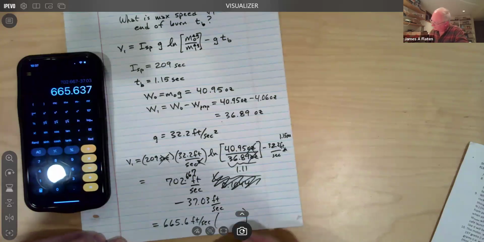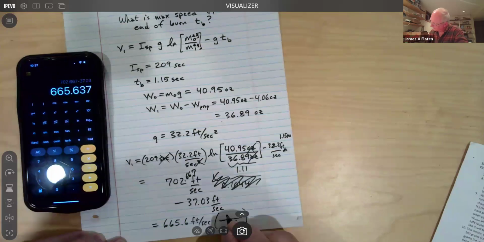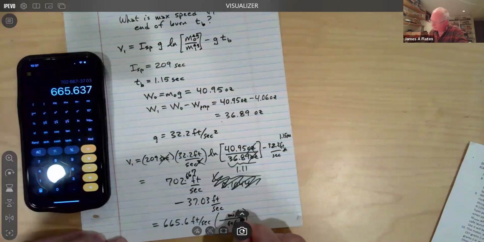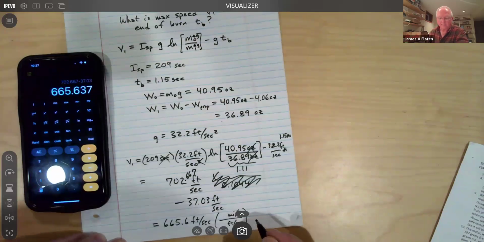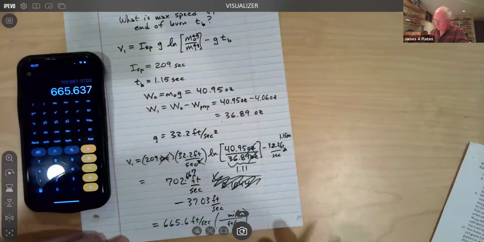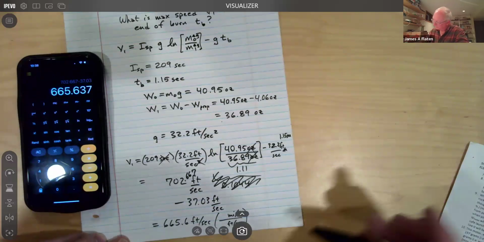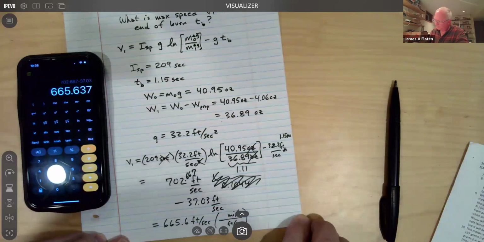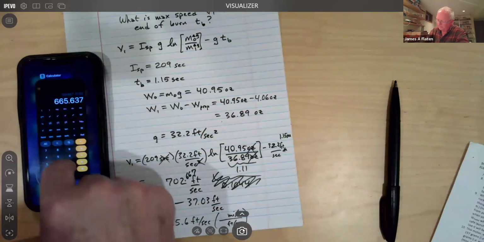So it would be handy to multiply this by some relationship between feet per second and miles per hour. I'd probably look that up. In fact, let me see if I have it nearby. No. I'm going to ask the internet: what is the conversion factor between feet per second and miles per hour?